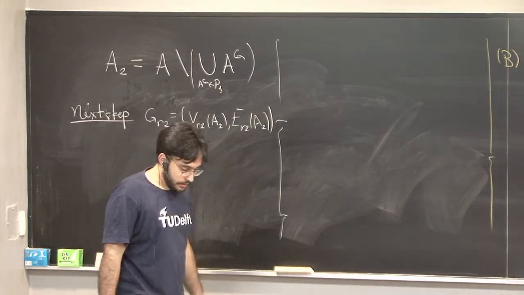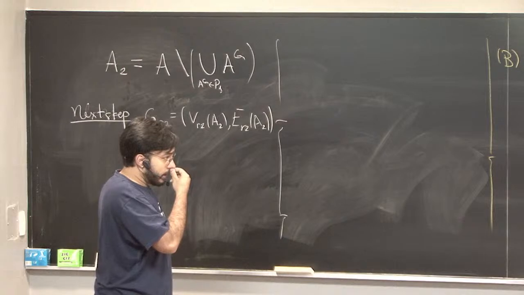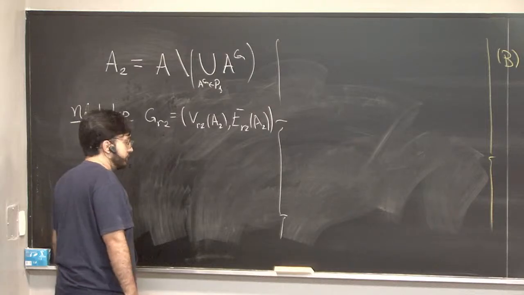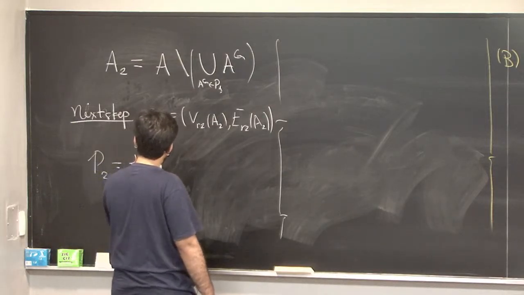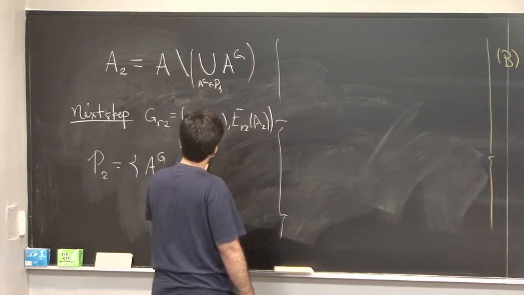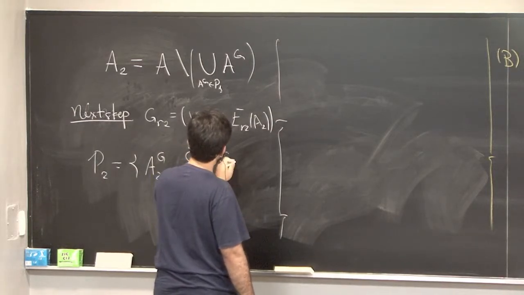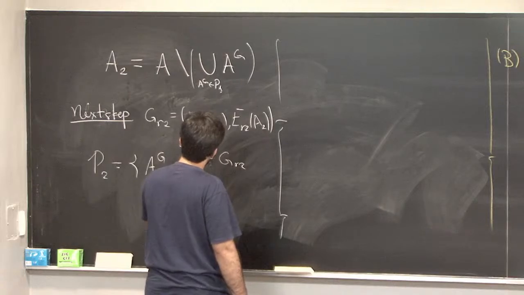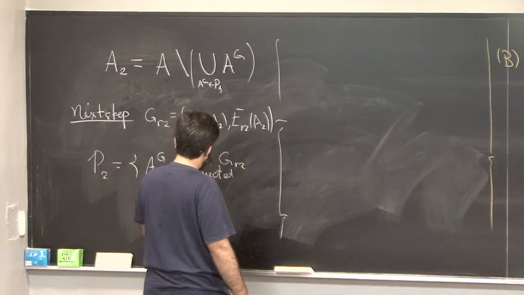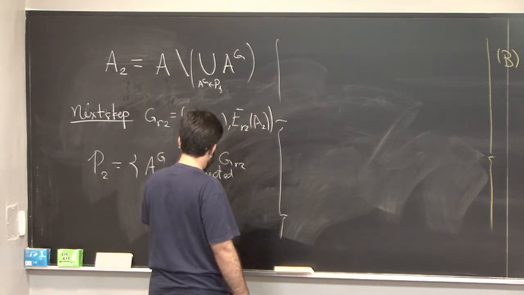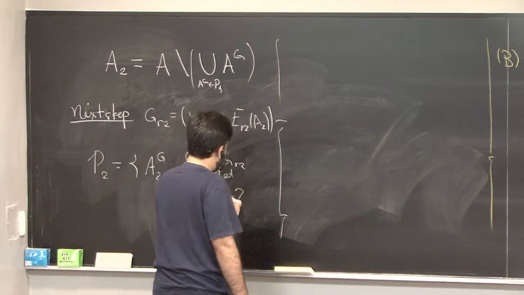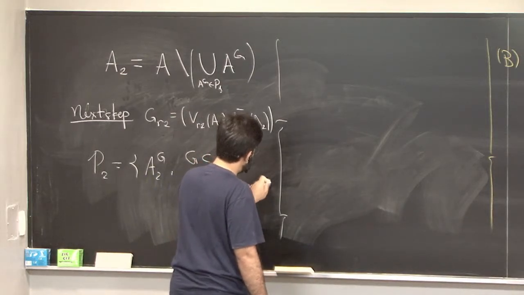This will be another graph, okay? And then you define P2 as being the sets A2G, such that G is a subgraph of GR2, connected, and its volume A2J is less than 2 to the power rd plus 1 times 2.